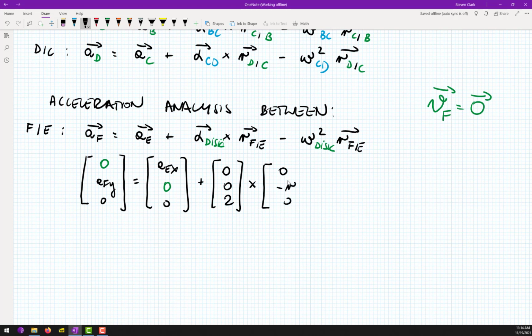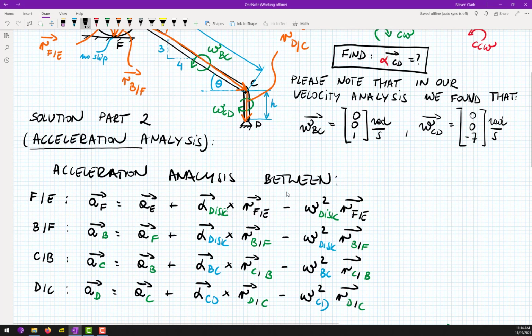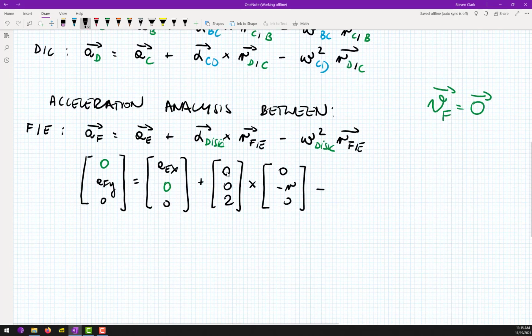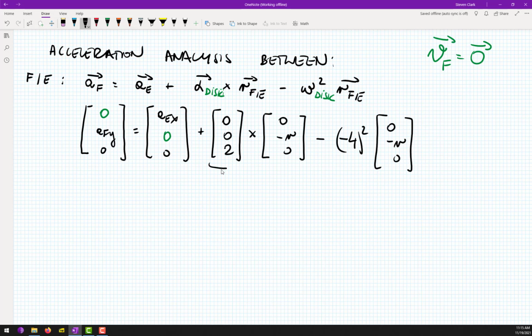Minus, what was omega disk? Minus 4. But it doesn't matter because it's squared anyway. So I can put here minus 4 or plus 4, doesn't matter. 0, minus R, 0.